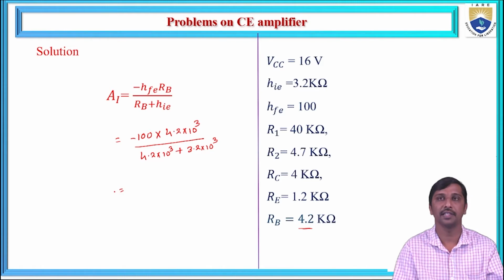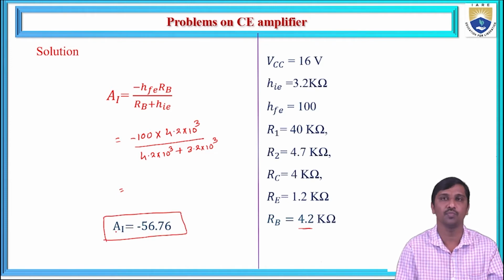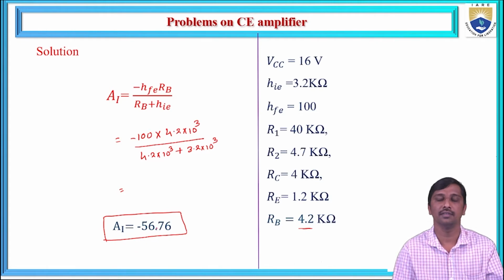Then you can solve this ratio. It gives the current gain. The current gain is minus 56.76.